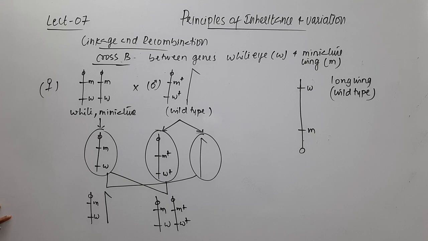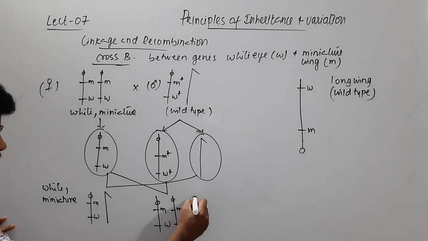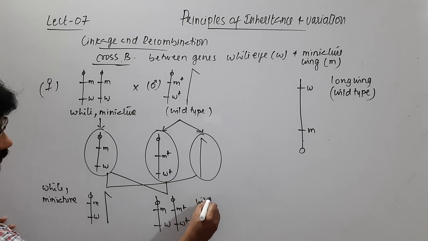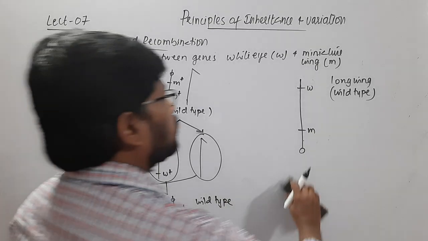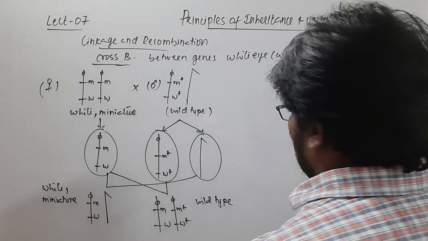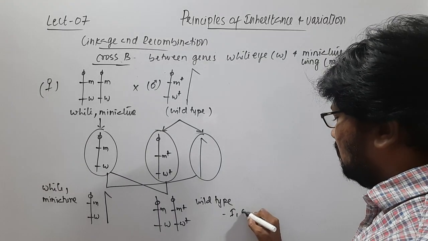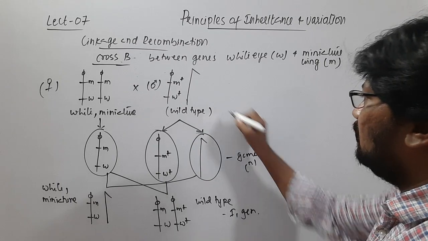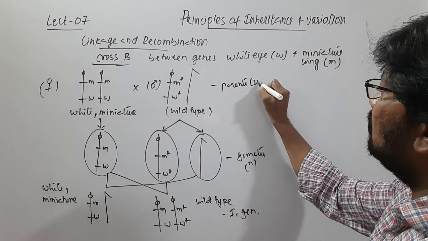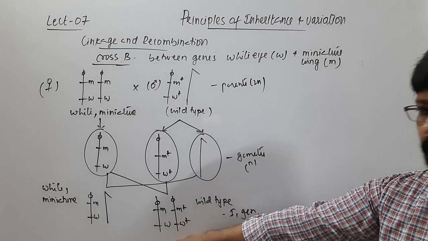We can see in this case we obtained white miniature, and this will be wild type. Now I'm going to put those offspring here because we need to intercross the F1 generation. So this is the F1 generation, and these are gametes, N, and parents, 2N. So I'll put these two things aside.